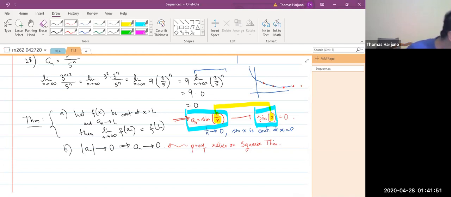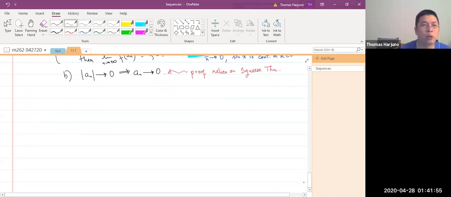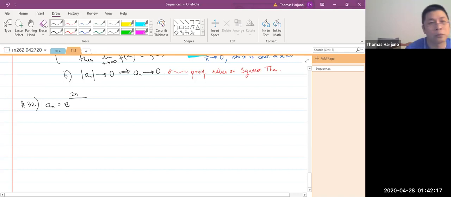Let's use this. For example, we do problems that seem to be quite difficult, but knowing those theorems, it becomes quite easy. For example, number 32. The sequence of e to the 2n over n plus 2.